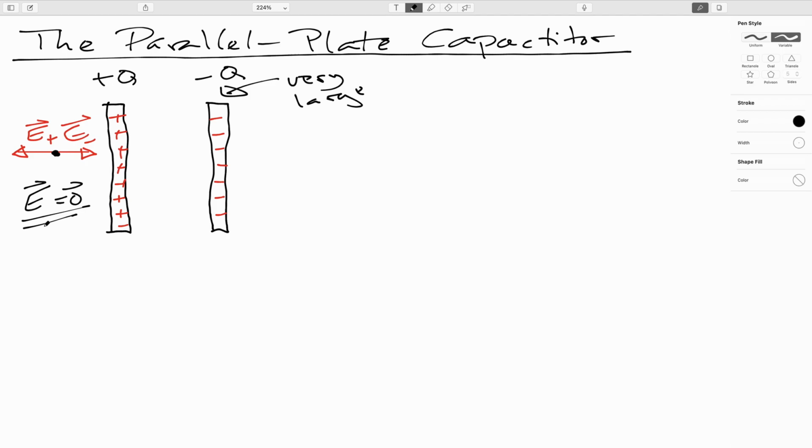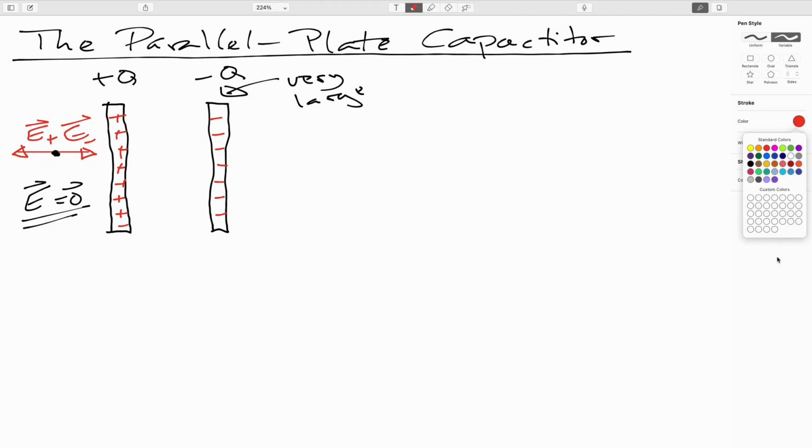And if that makes you feel a little squeamish because you're looking at this saying, well, I can see that this is closer to this. Yes, but if this sheet is infinitely large, if you were to stand in front of an infinitely large wall, how would you be able to tell how far away you were from it? It would completely fill your field of view. Same deal here. So both contributions are equal and they cancel out.